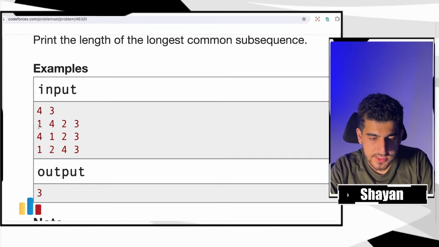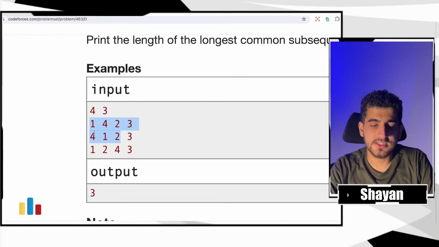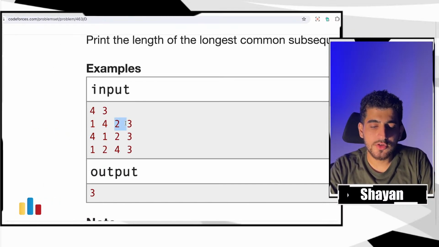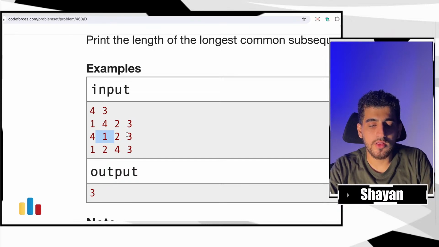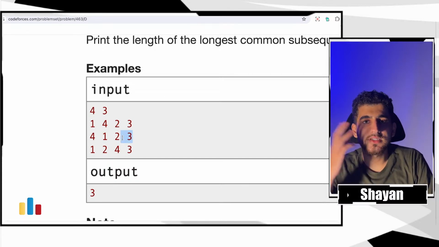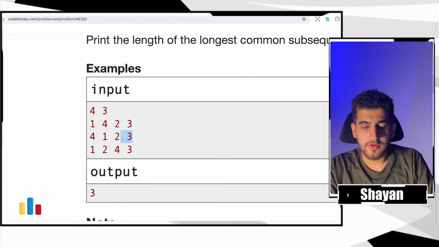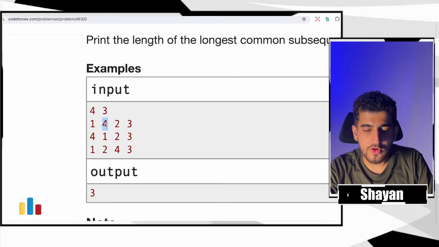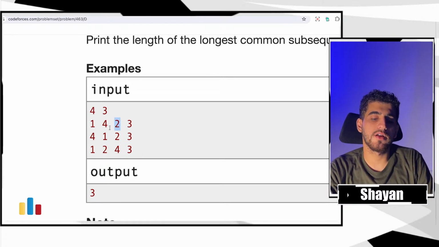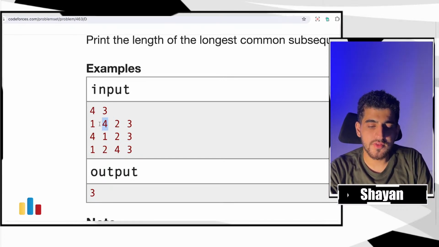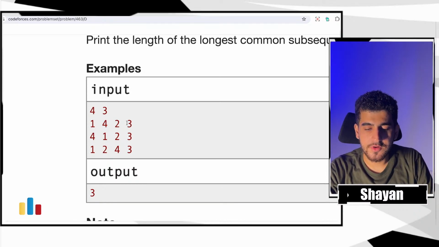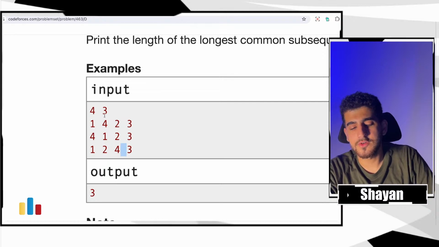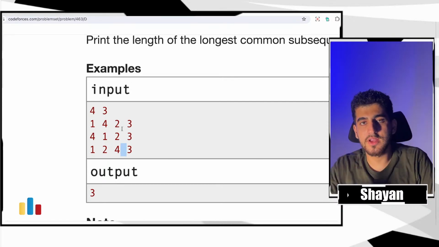For example, if you consider these 4 permutations, you see that 1, 2, 3 has occurred in all of them. So that is a common subsequence. Or for example, 4, 2 is also common in all of them. 4 and then 2, or 4, 3. In this one we have 4, 3, in this one we have 4, 3, in this one also we have 4, 3, or 4, 2, or 1, 3.